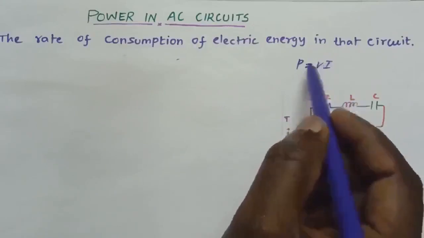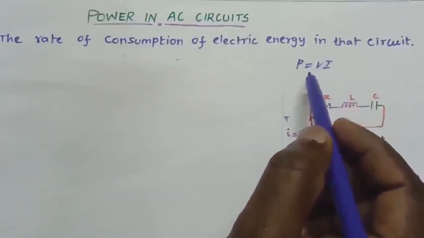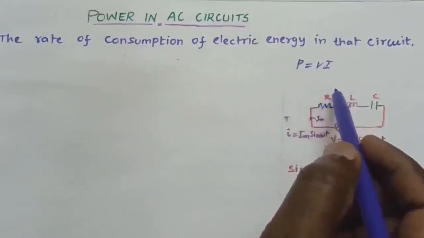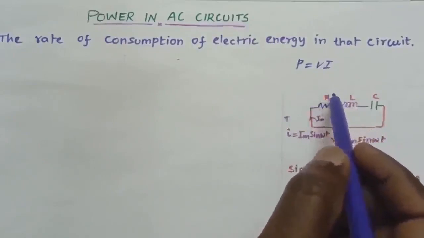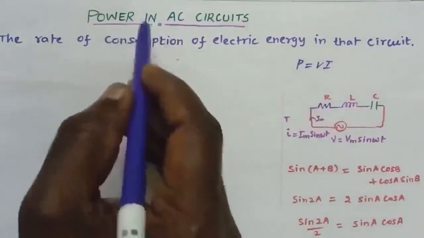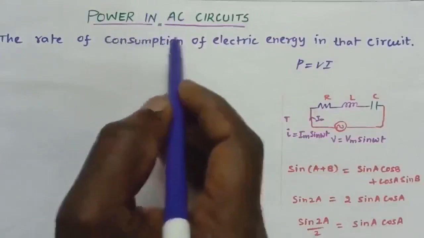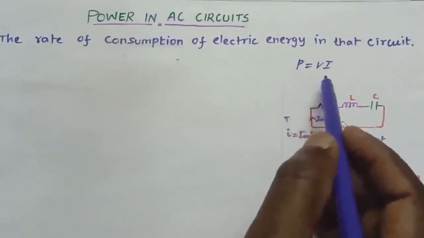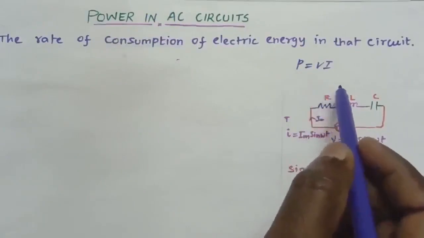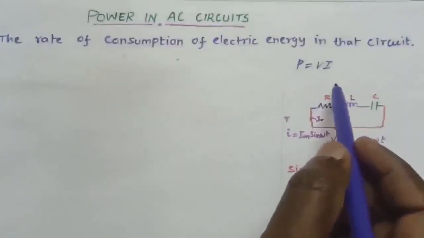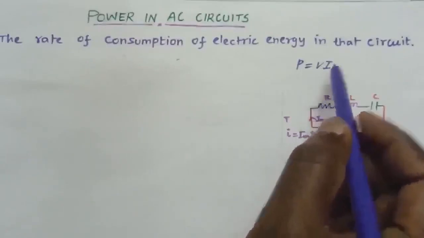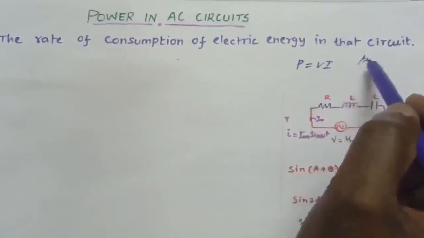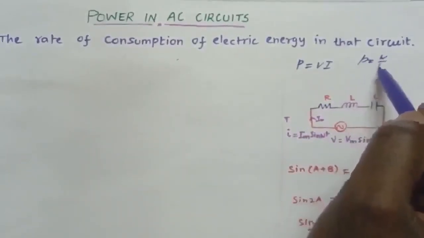Already you know that power is the product of voltage and current. Therefore P is equal to VI. In an alternating current circuit, the voltage and current vary continuously with respect to time. Power is equal to work done by time taken.